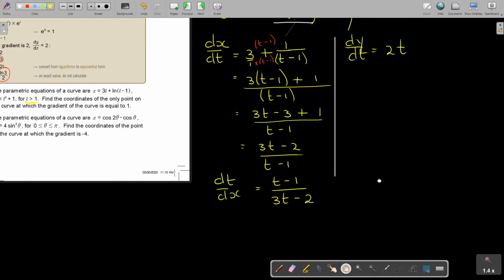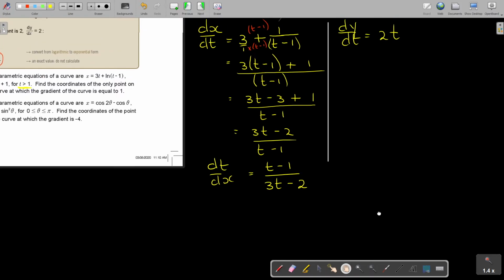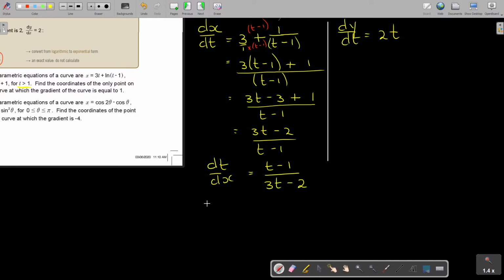Okay, let's just continue. So then, now I'm going to have, I just want to keep it a little bit lower. Now I want to have dy over dx equals 2t multiply t minus 1 over 3t minus 2.